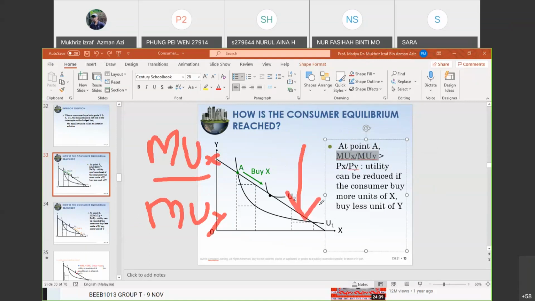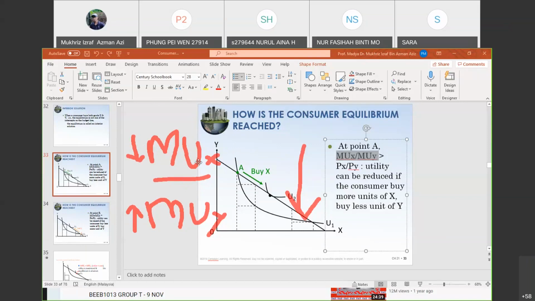How? One way is to reduce MUX, and the other way is to increase MUY, because anything you divide by a bigger value, the overall value will go down. And if you reduce the numerator, the entire MUX over MUY can also be reduced.